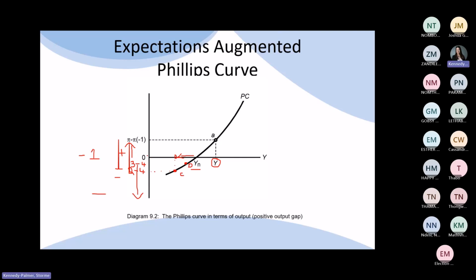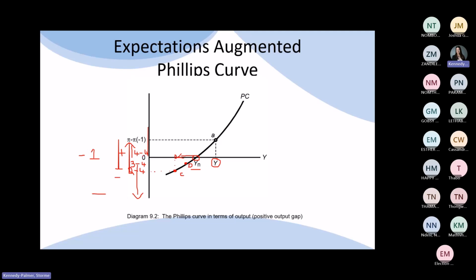And then over here, where the natural level of output and income intersects the horizontal, we have a 0%, which means we know that our last year's inflation was 4. So we need to have this year's inflation as 4 to give us 0. Hang on, I've actually just confused myself now.